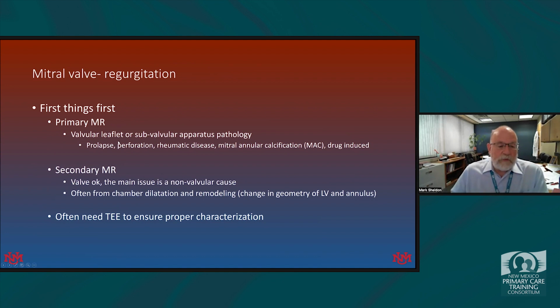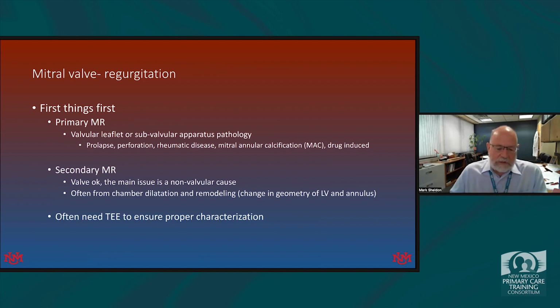This is a problem with the leaflets itself. Secondary MR, the valve appears fine, but the main issue is dilatation of the atrium, dilatation of the ventricle, and remodeling, giving you a change in the geometry of the LV that causes insufficient coaptation of the valve leaflets, so you have regurgitation.